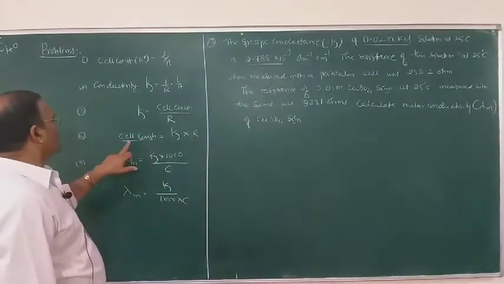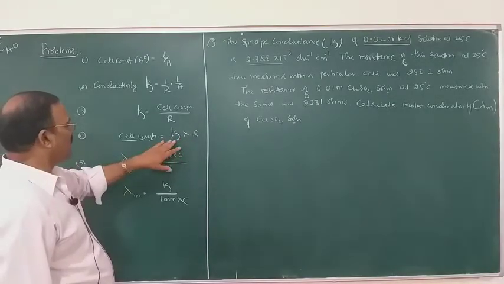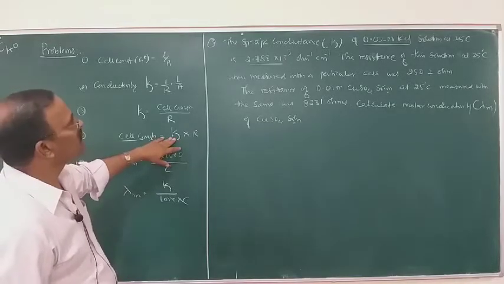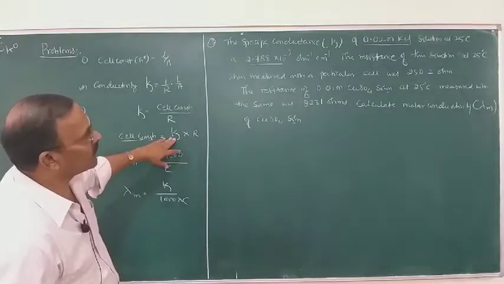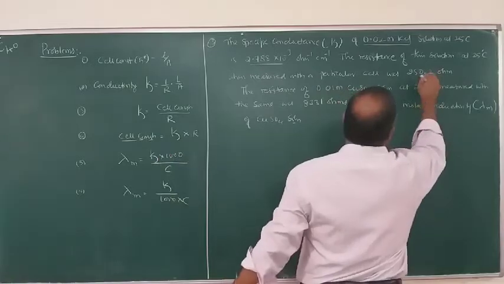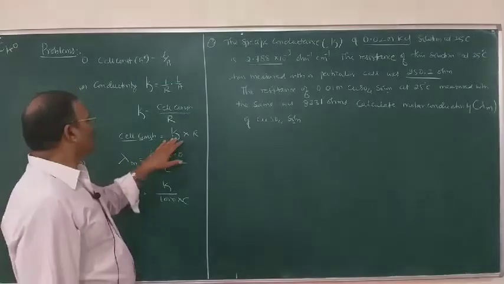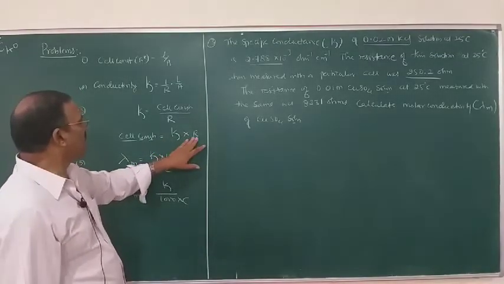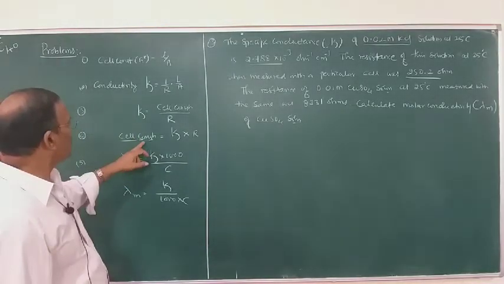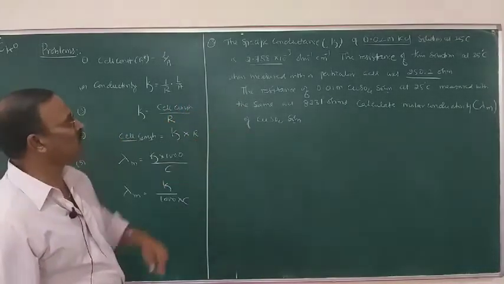So the resistance of KCl solution is given, specific conductance of KCl is given. So by knowing specific conductance and resistance of KCl, determine cell constant. So knowing cell constant, determine specific conductance of copper sulfate solution.